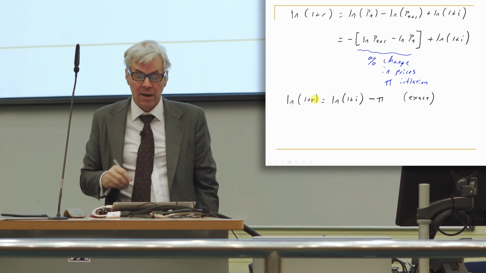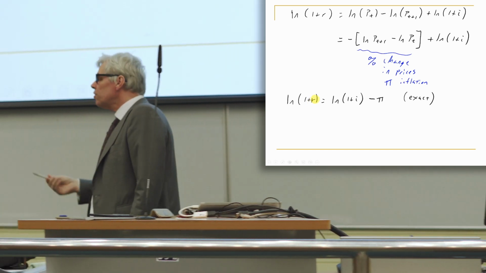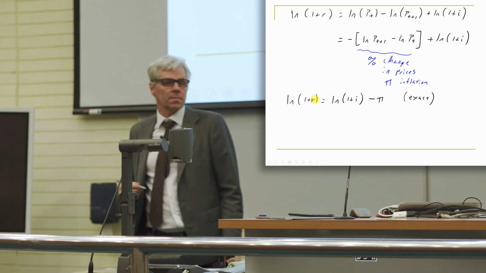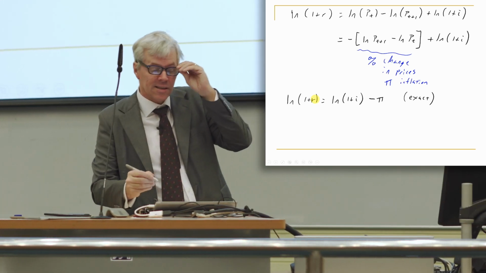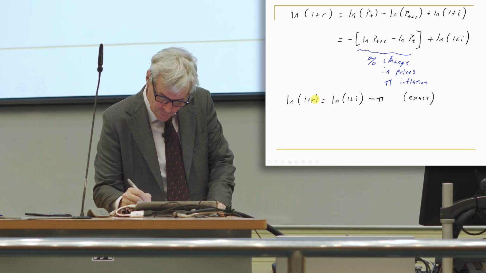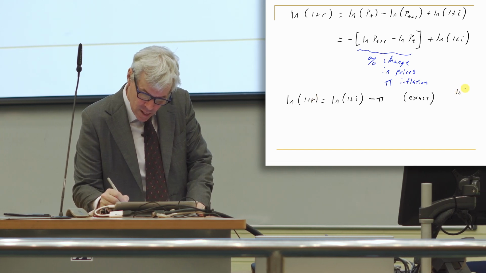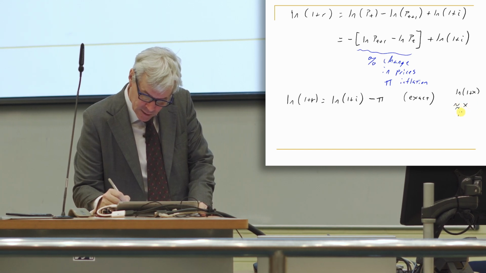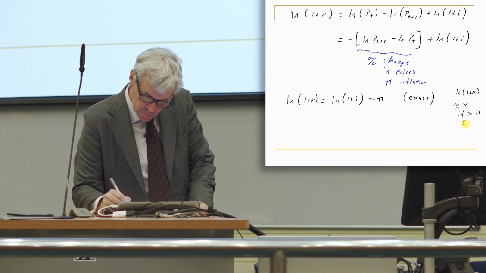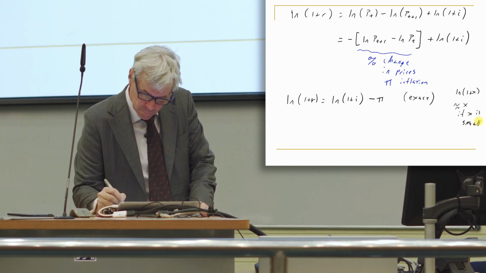Like so. Here is another feature of natural logarithms. And this is a side fact. ln of 1 plus x is approximately equal to x if x is small. Okay.